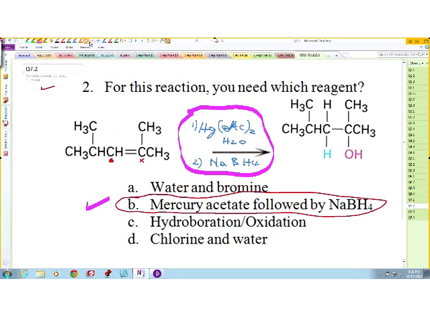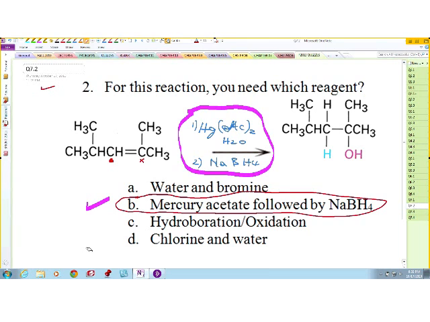Supposing we wanted to use C, what product will you get? What does C do? Say it in your own language. Be very explicit. What does it do to a carbon-carbon double bond?